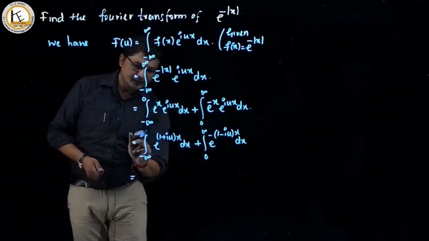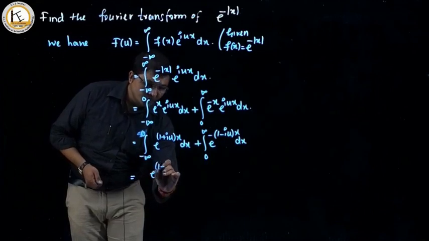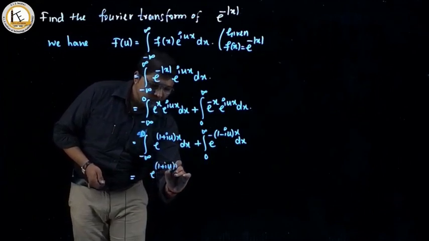So when you simplify this you will get minus x, and when you multiply with the minus iu you will get e raised to iux.